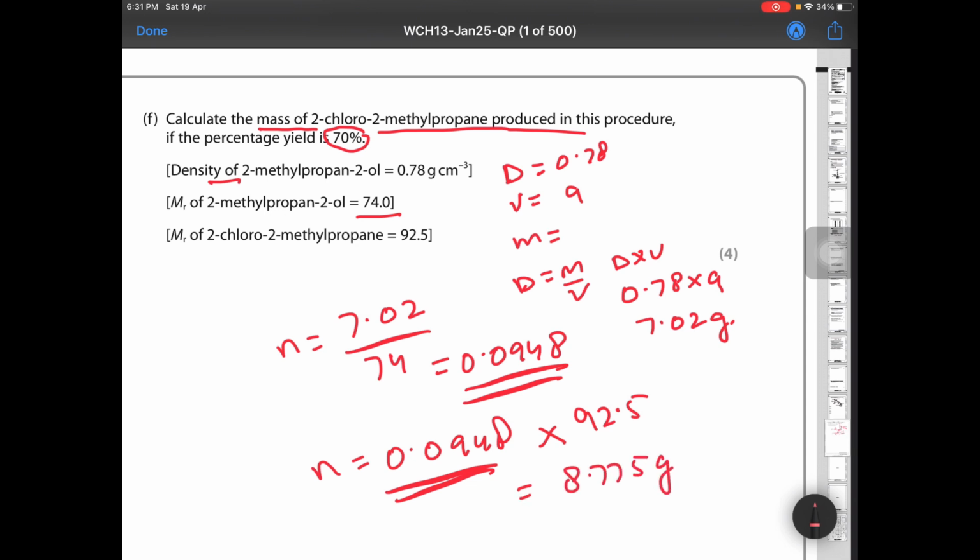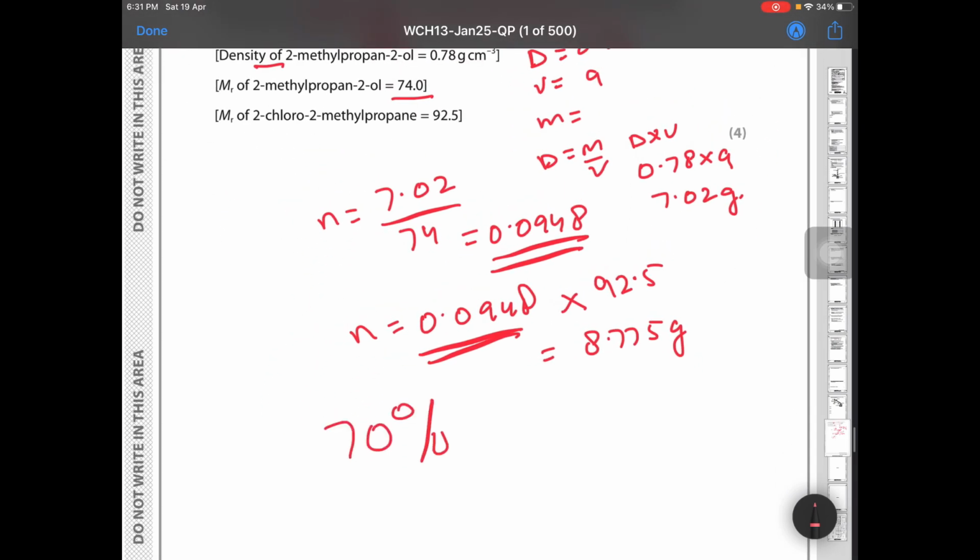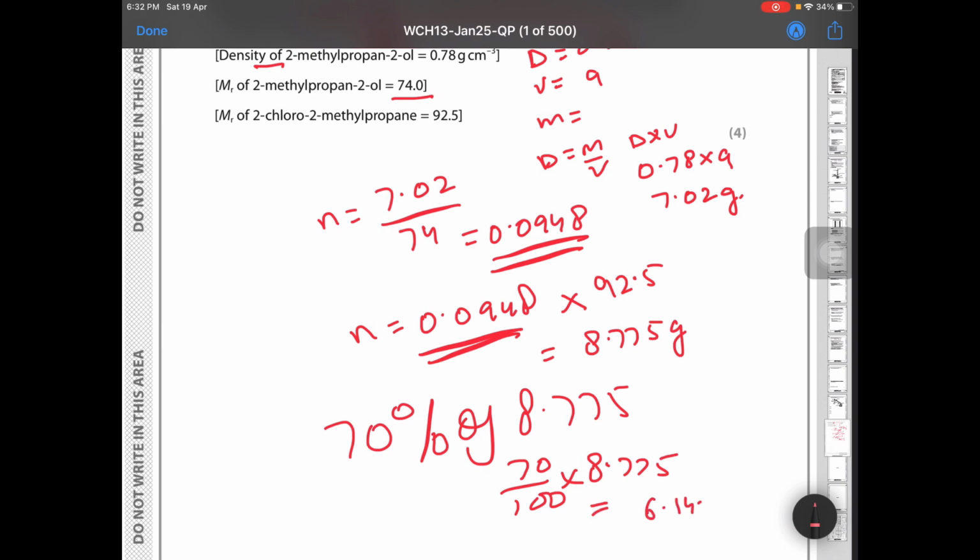Now, they are saying the percentage yield is 70%, so you just need to take 70% of this value. 70 upon 100 into 8.775. You solve it, you will get 6.1425 grams. This is your answer. Clear?